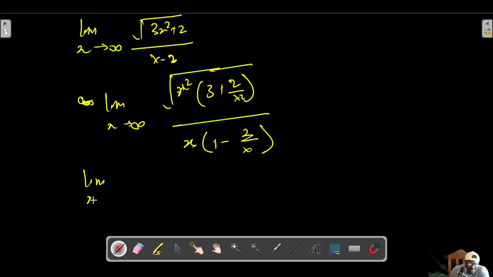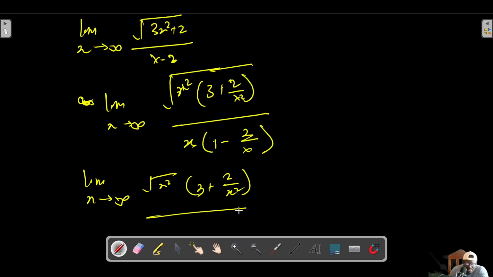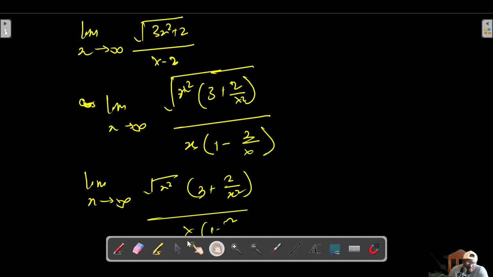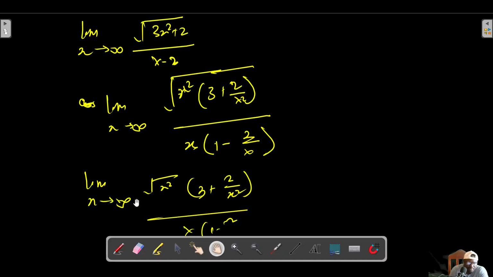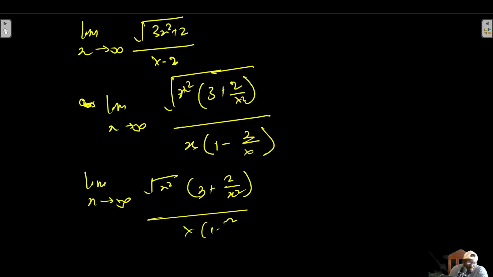You realize we have the square root of x squared. The square root of x squared will be the absolute value of x.